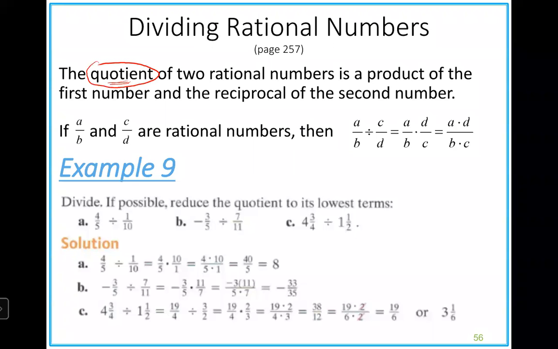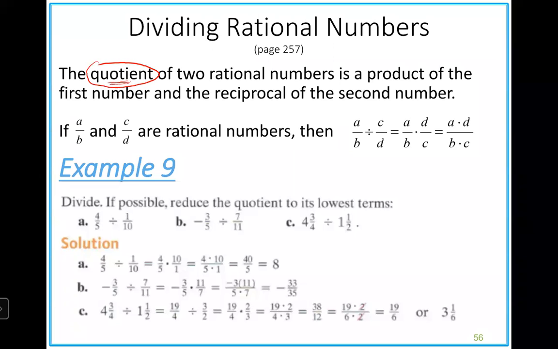So the quotient of 2 rational numbers is the product of the first number and the reciprocal of the second number. Anybody remember what reciprocal means again? What is reciprocal? I don't see anybody. Muted, so unmuted.